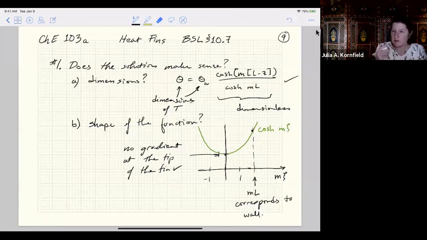All right. So then the next thing I would check is, does the effect of the parameters in the problem on the solution make sense? Okay, so let's look at the effect of parameters in the problem.